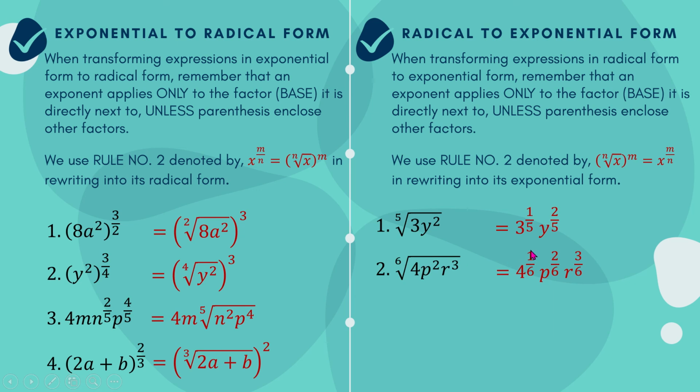So, 1 over 6. Then p is 2 over 6, then r is 3 over 6. So, kada number o variable na adjust like common denominator nga 6 kay tanang numbers o variables sulod sa radical symbol should have a fractional exponent.